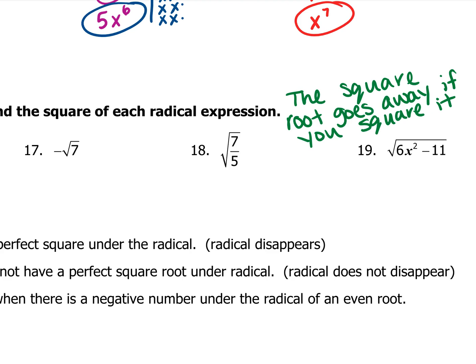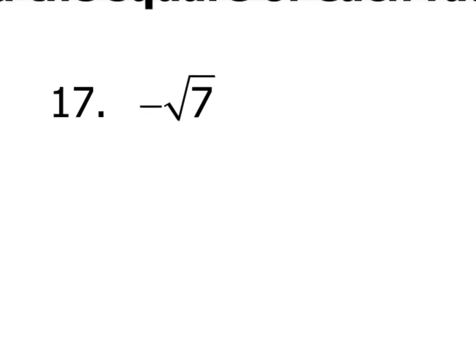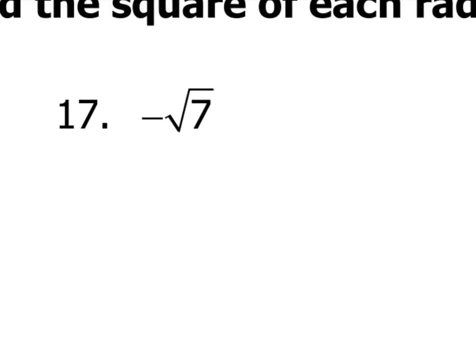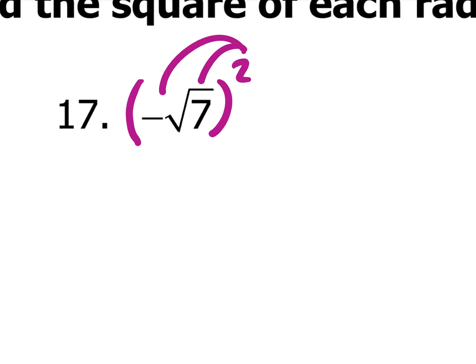So on number 17, I am going to square that and the square root is going to go away. The only thing you have to be careful of on 17 is you are squaring the whole thing. So you are going to square this negative sign and you're going to square the square root. Now when you square the negative sign, it just goes away, kind of like the square root.